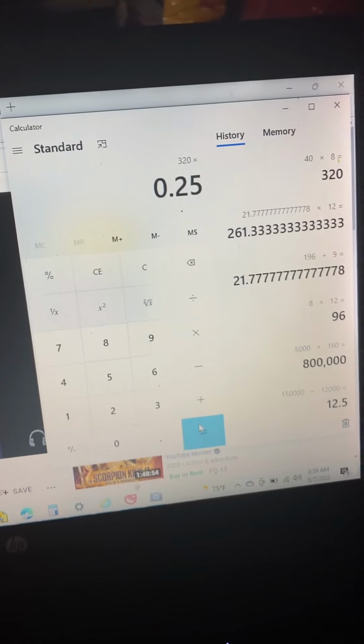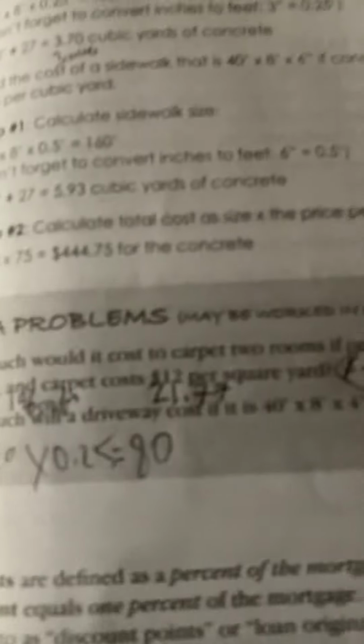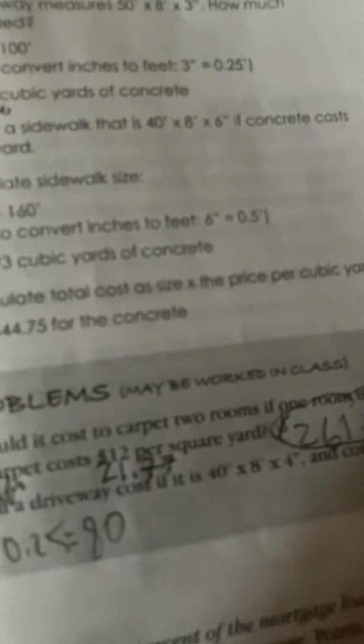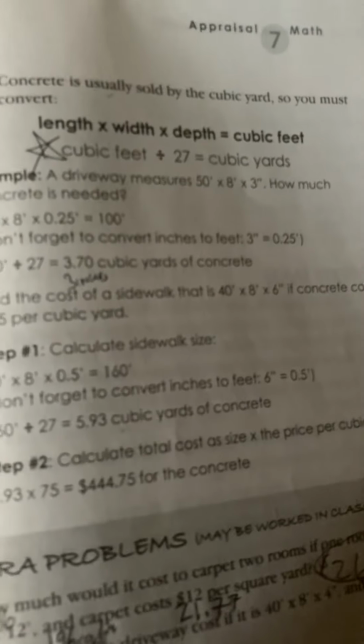Now that equals 80. And then you take your 80 and concrete costs $6 per cubic yard. Divided by 27. I think that's what it's always, 27.